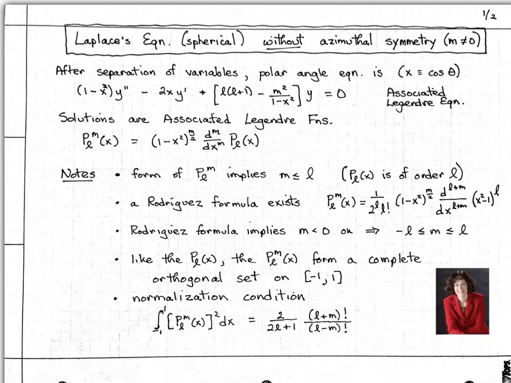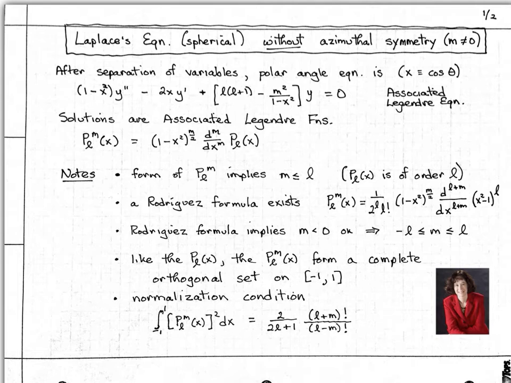So in fact, the formula works for m between negative L all the way up to positive L. So the relationship between the L and m integration constants should remind you of the relationship between the spin and orbital angular momentum components in quantum mechanics.